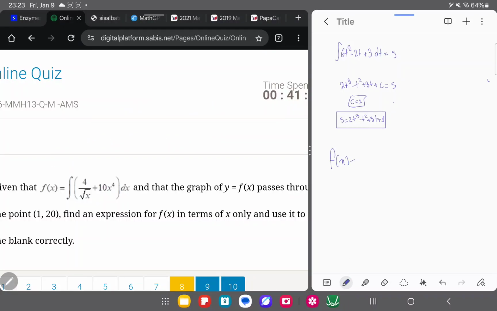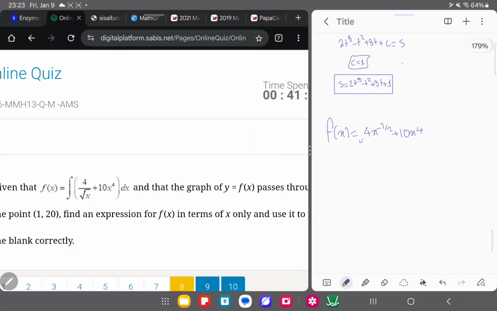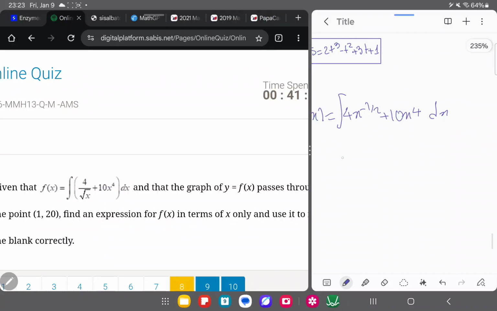Now just simply integrate it here, and we get 8 square root of x plus 2x to the power 5 plus c, and this is equal to f(x).